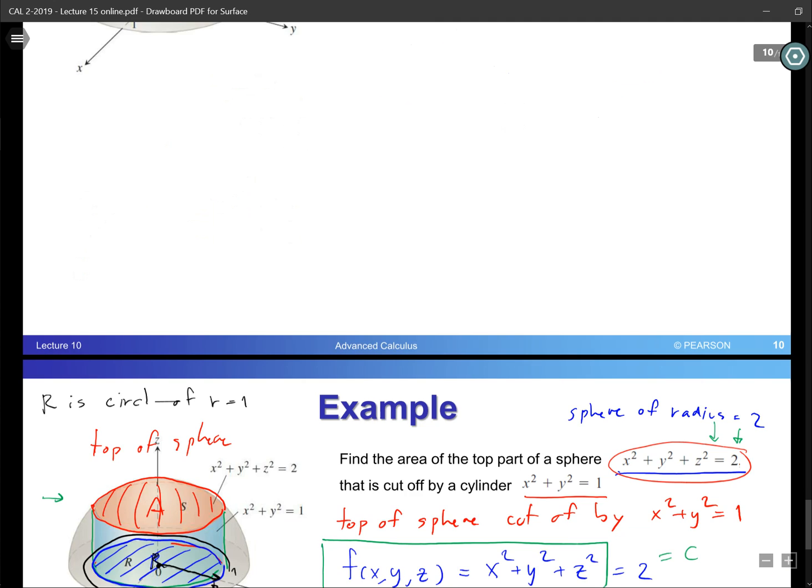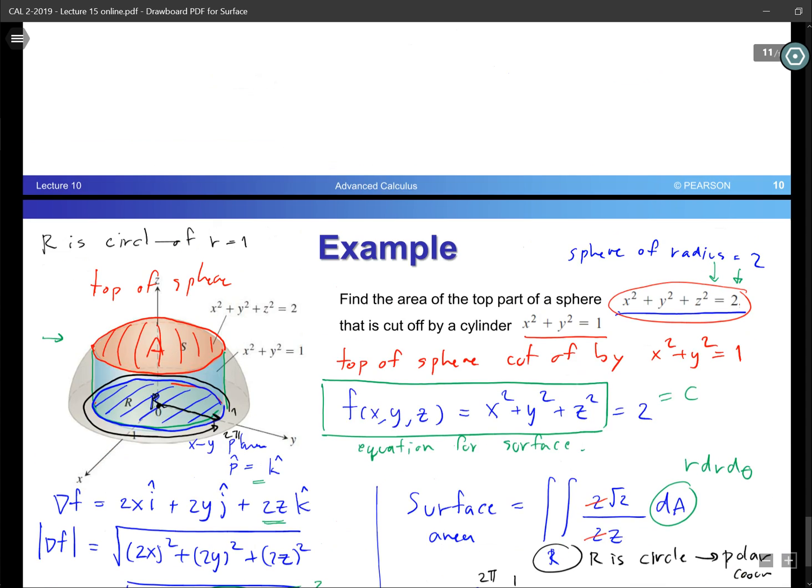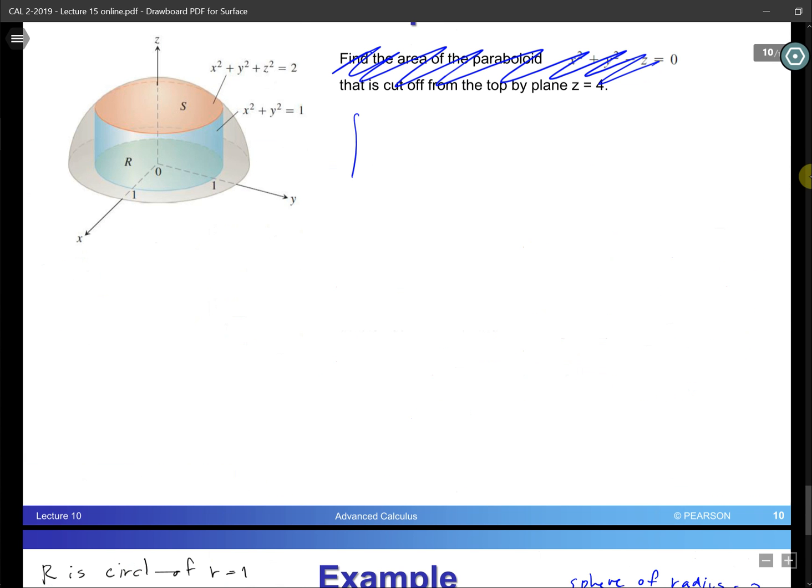So what do we have here? We have this double integration, radius starting from 0 to 1, and theta starting from 0 to 2 pi. And here we have square root of 2 divided by z, and r dr d theta. That's what we had before.